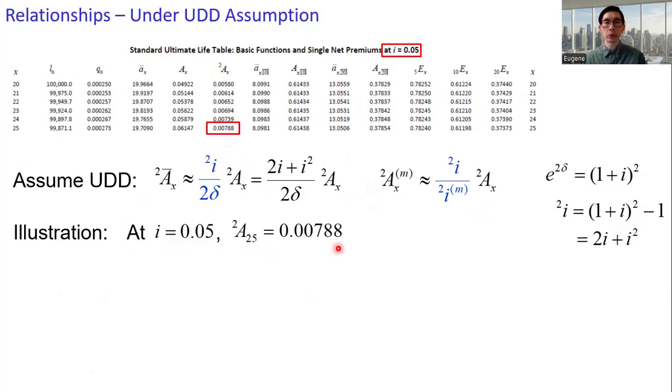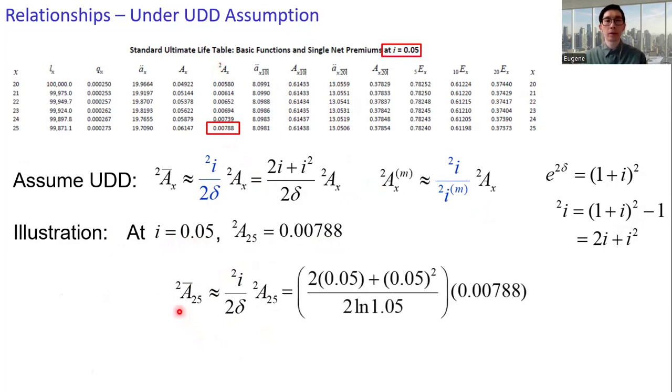And then we want to approximate the second moment of A bar 25. i is 0.05, and the interest rate at the double force of interest is given by 2i plus i squared, and then over 2 delta. And we get 0.00828.